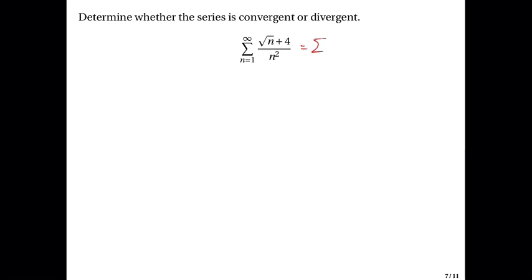So this you can rewrite as the series from 1 up to plus infinity of square root of n over n squared, and then plus 4 over n squared.